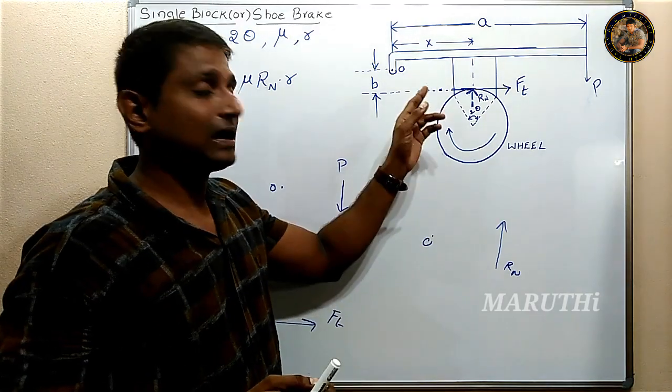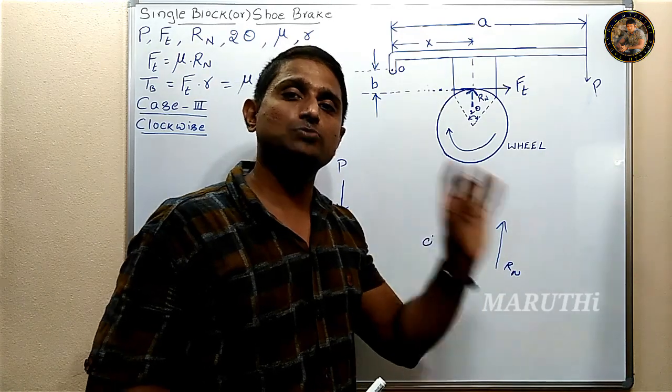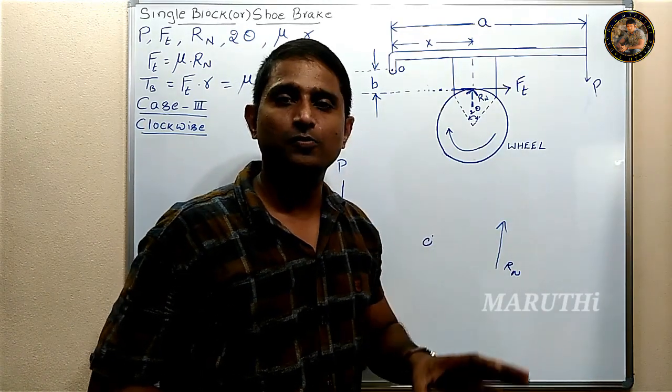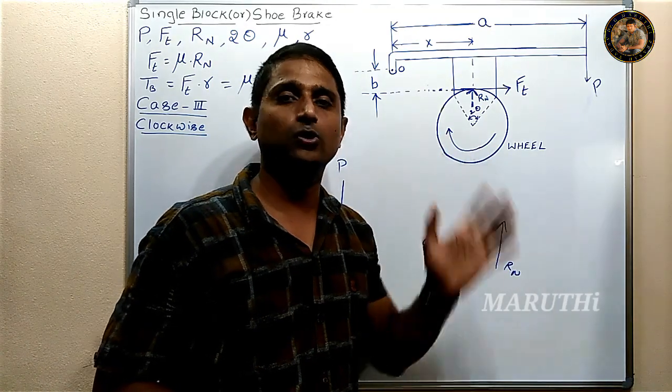So finally, counterclockwise moment because of Rn, counterclockwise moment because of Ft, and clockwise moment because of P. Obviously, the sum of all clockwise moments equals the sum of all counterclockwise moments for the equilibrium condition.